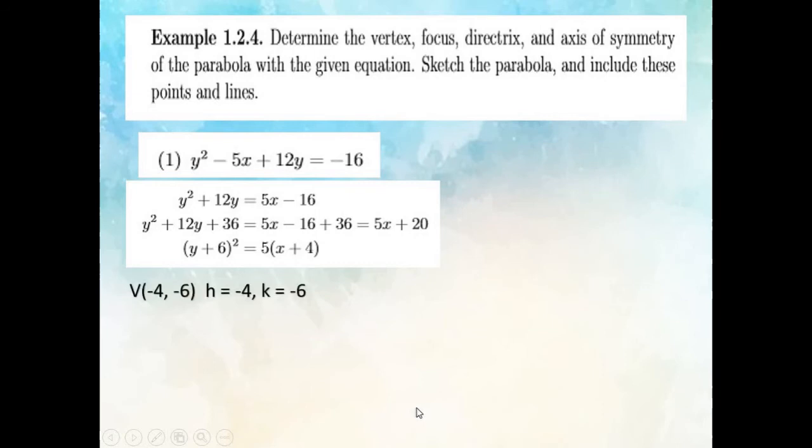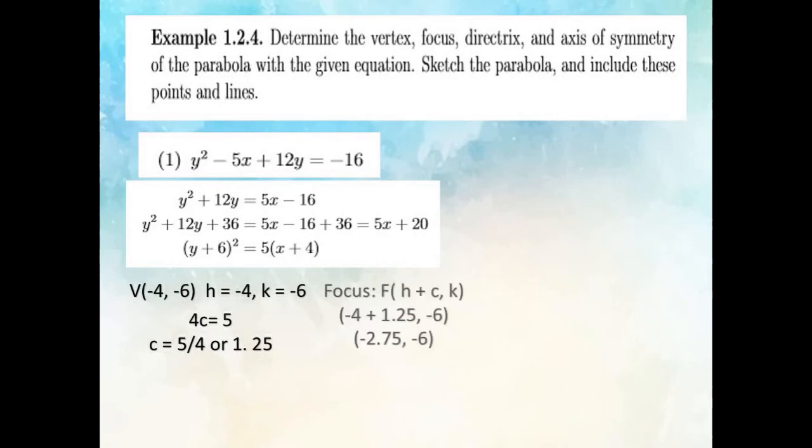So the vertex is at negative 4, negative 6. The h is negative 4 and the k is negative 6. So 4c is equal to 5. Then c is equal to 5 over 4 or 1.25. The focus is (h plus c, k), which is equal to negative 4 plus 1.25, negative 6, which is equal to negative 2.75, negative 6.